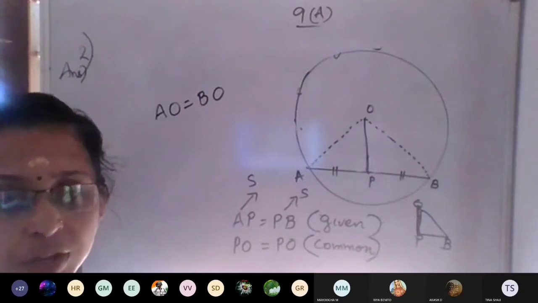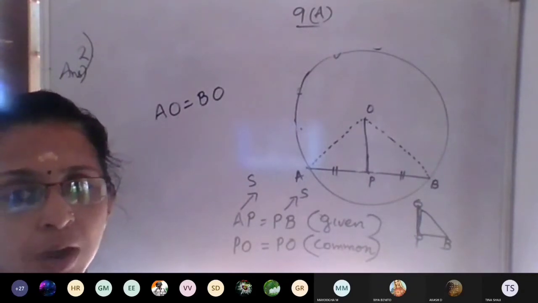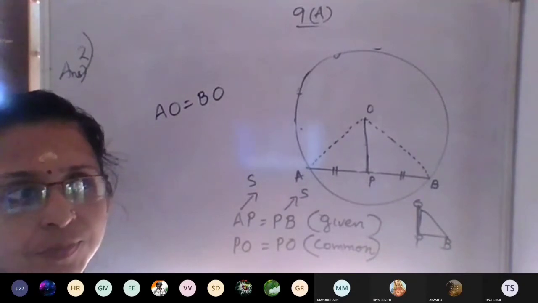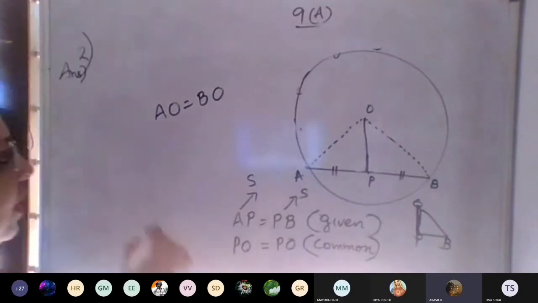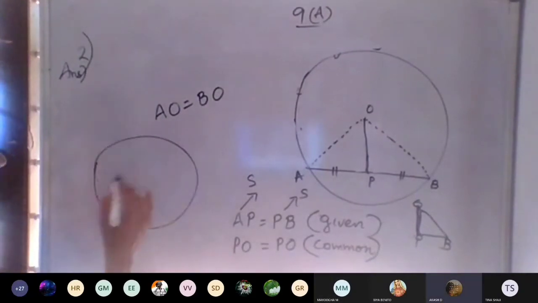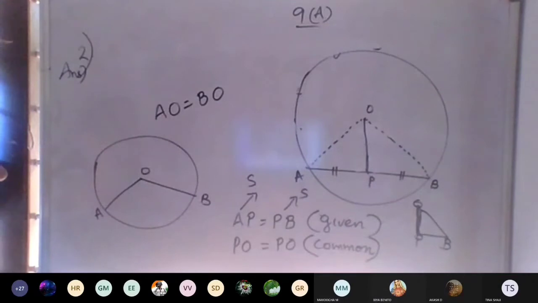So from that point we can say AO and BO are... just think about the circle, leave those sides and all. Don't think about anything else. Just think about OA and OB only. Don't bother about the remaining lines.